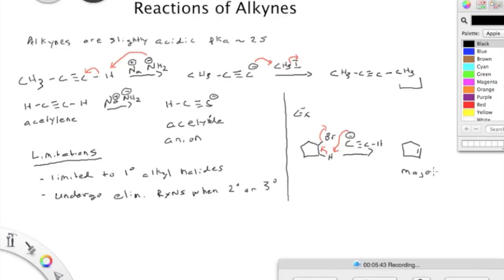So this would be your major product, as opposed to chain extension.